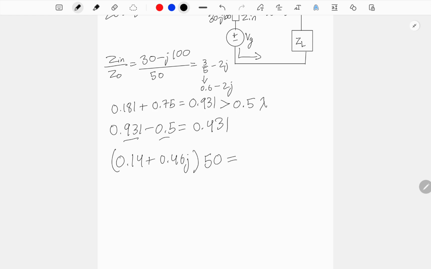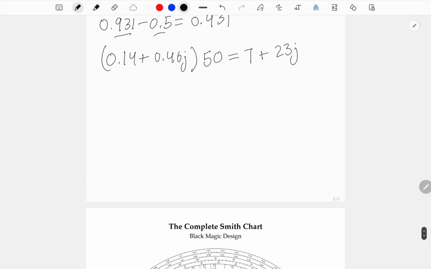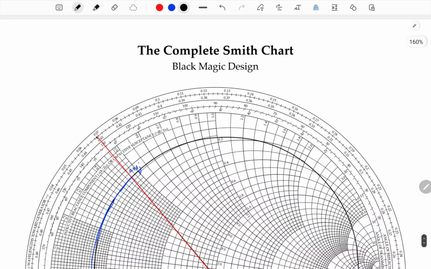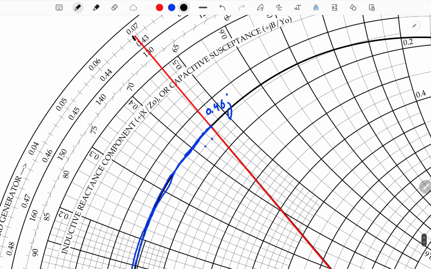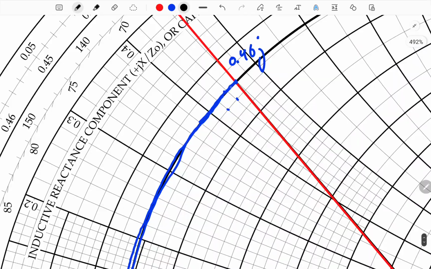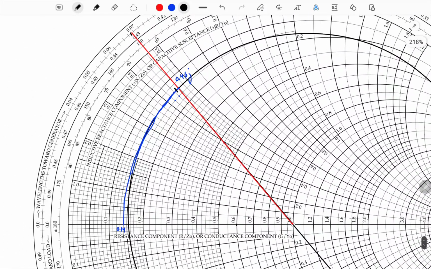And so I will get 7 plus 23j. Obviously you will get a better value based on how well you draw. I was slightly off, so maybe it could be 0.45 and then you multiply by 50.